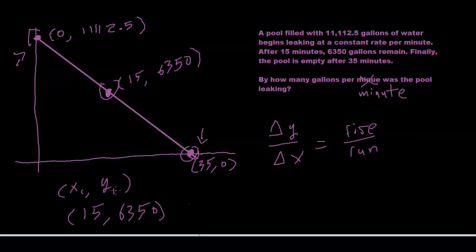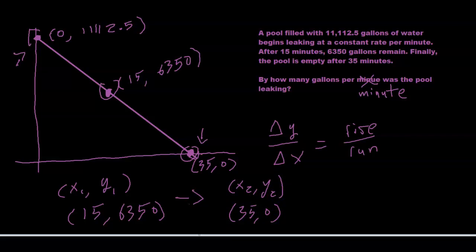Whenever we're calculating the slope from 2 given points, we always want our first point to be the one with the lower x value, okay? And then we can have our x2 comma y2 be 35 comma 0, okay?